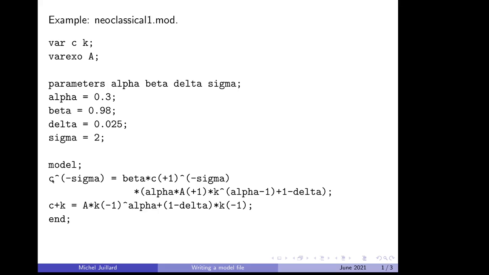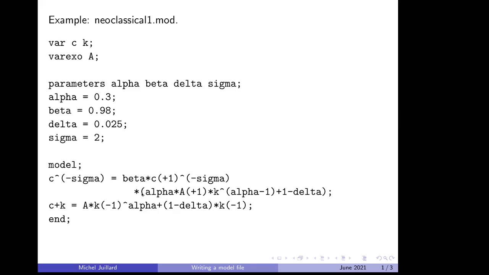So C at the power, notice the caret to indicate the power, of minus sigma means Ct at the power of minus sigma is equal to beta times C. Now we have Ct plus 1, so the lead, we write it in parentheses just after the name of the variable. Again, at the power of minus sigma.